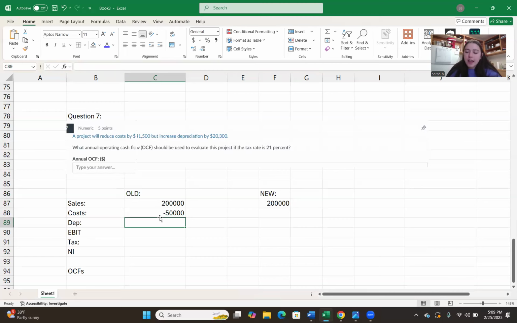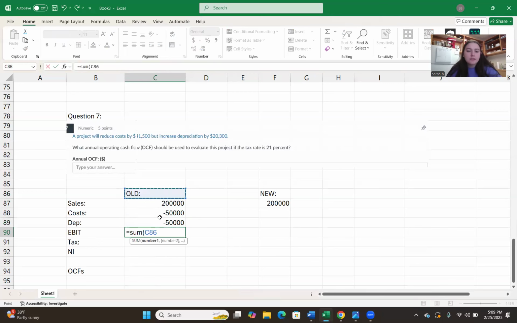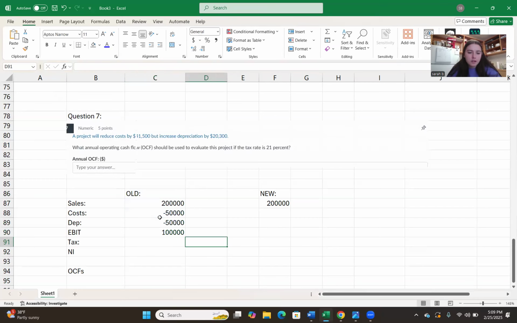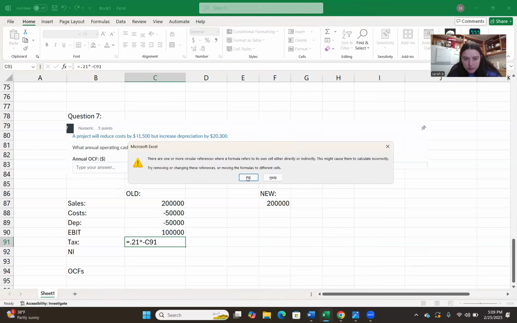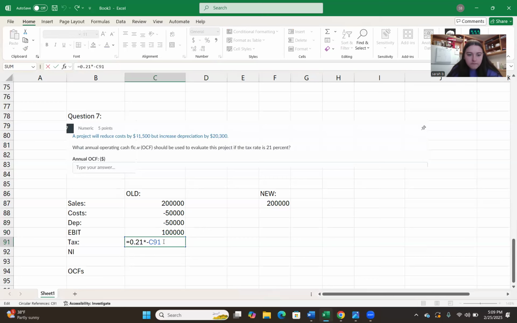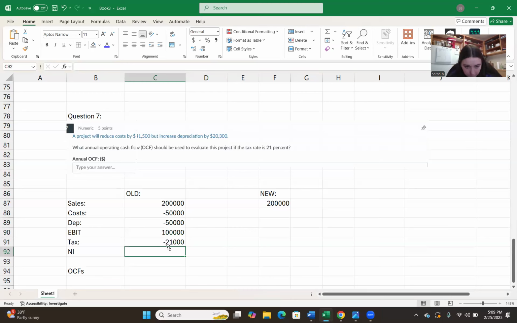Depreciation, let's keep it simple, 50,000. Okay. EBIT is the sum of these. Tax is going to be 0.21 times this. And net income is going to be the sum of these.